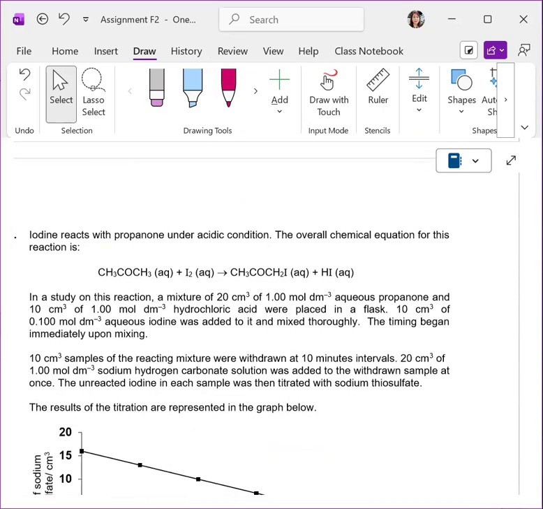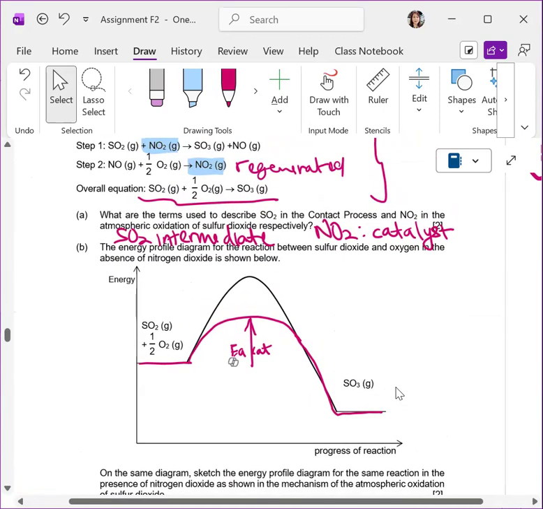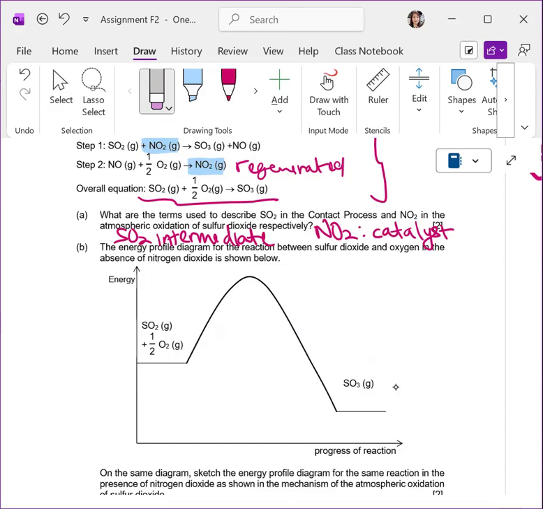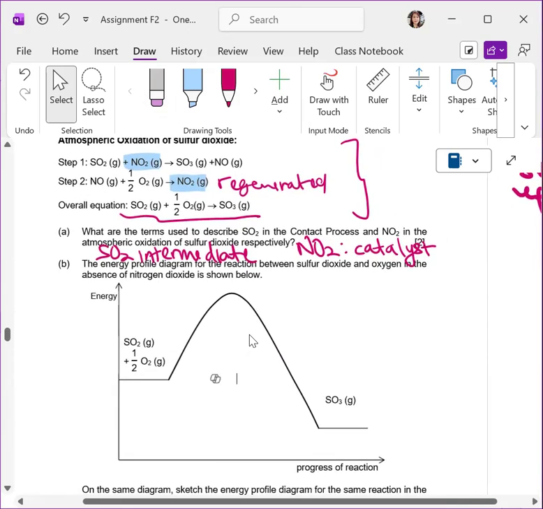Okay, next question now. Oh yeah, before we go to the next question, an interesting observation from some students is: Madam, if you look carefully, the reaction above is actually two-step.